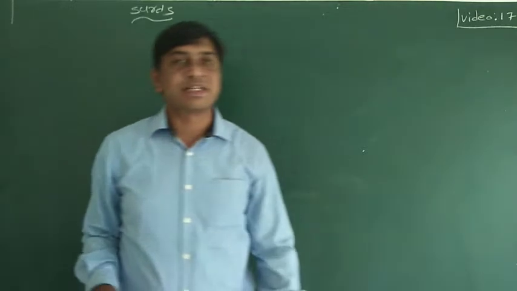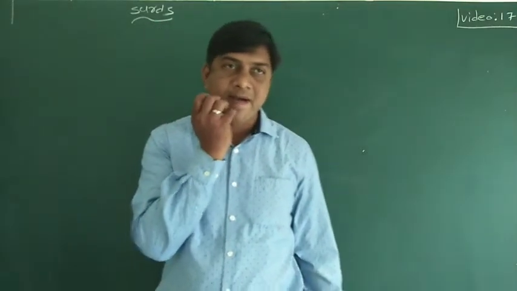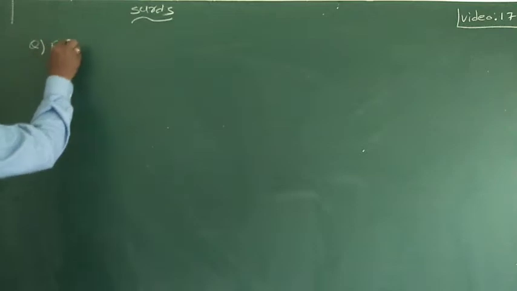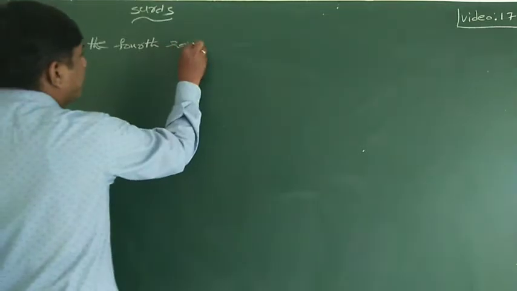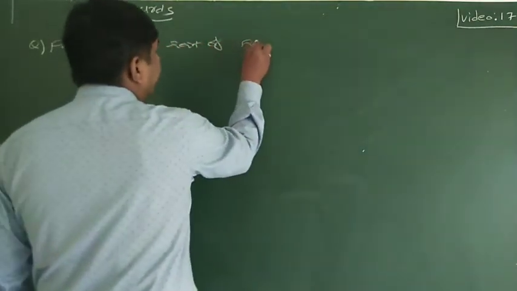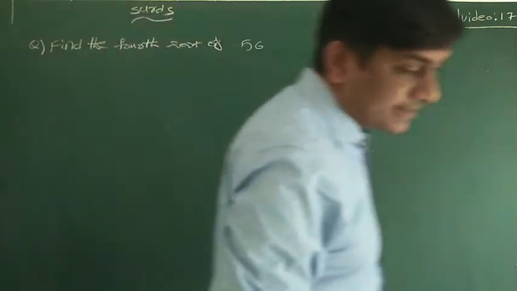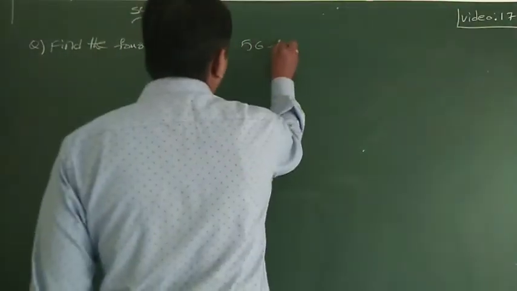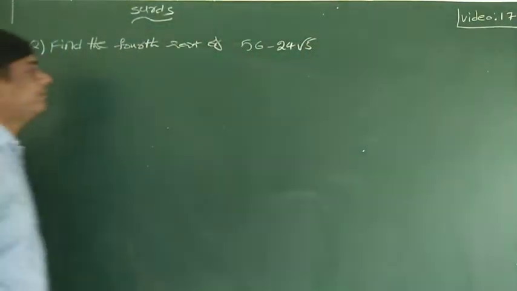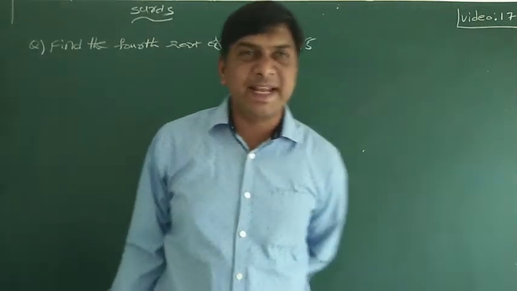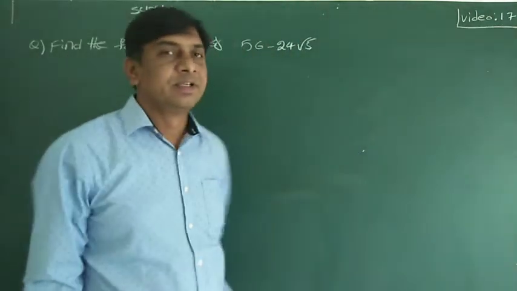Using this concept, now I am going to discuss the fourth root of a given surd. The question is: find the fourth root of 56 minus 24 root 5.